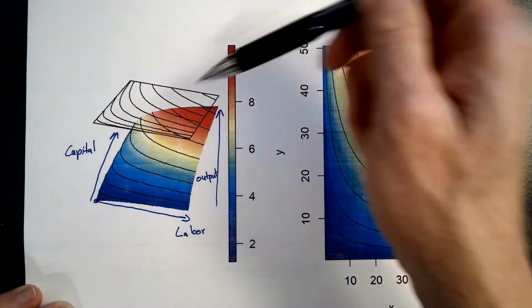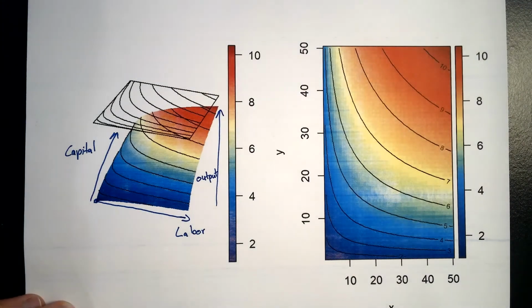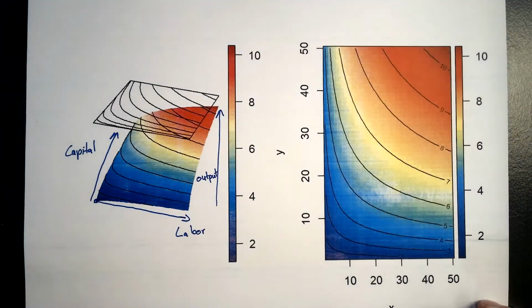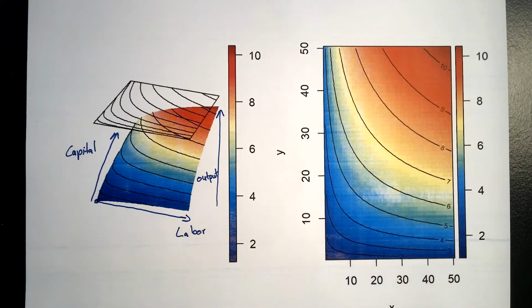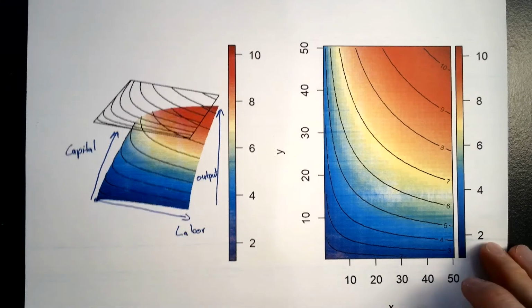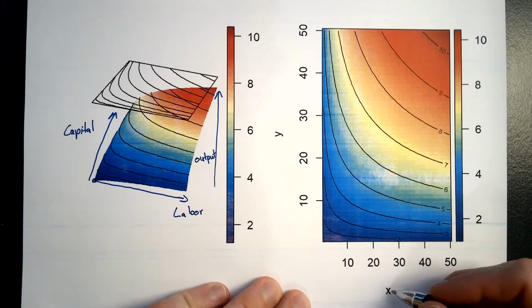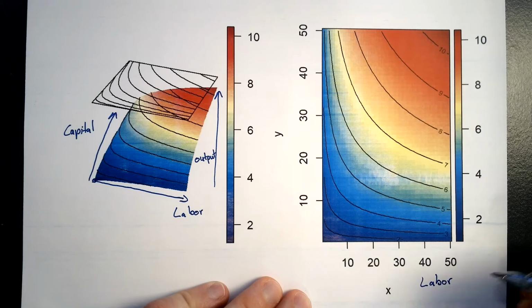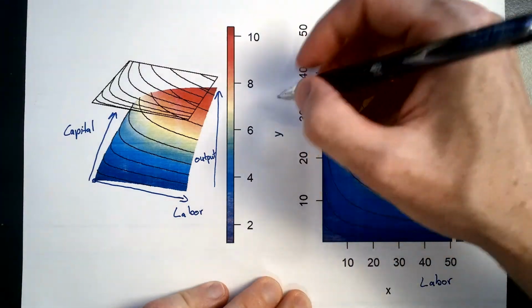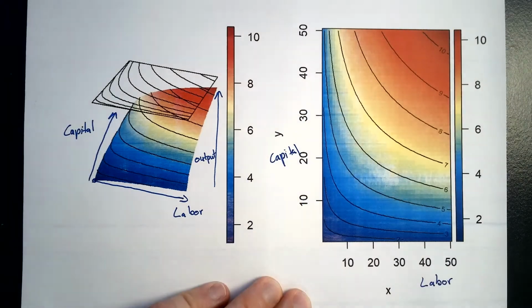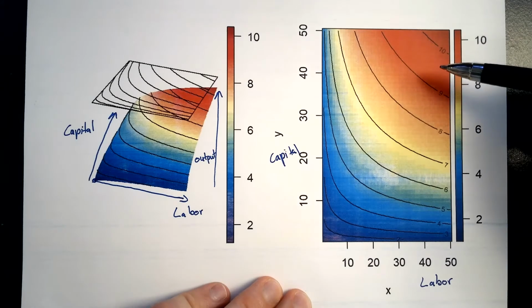When you are looking from above on this production function, you can see those contour lines. Here on the right-hand side, we have the same information presented as on the left-hand side, but looking at the production function from above. I called the axes X and Y, but here that would be labor and capital on the y-axis. And then the height would be the output.